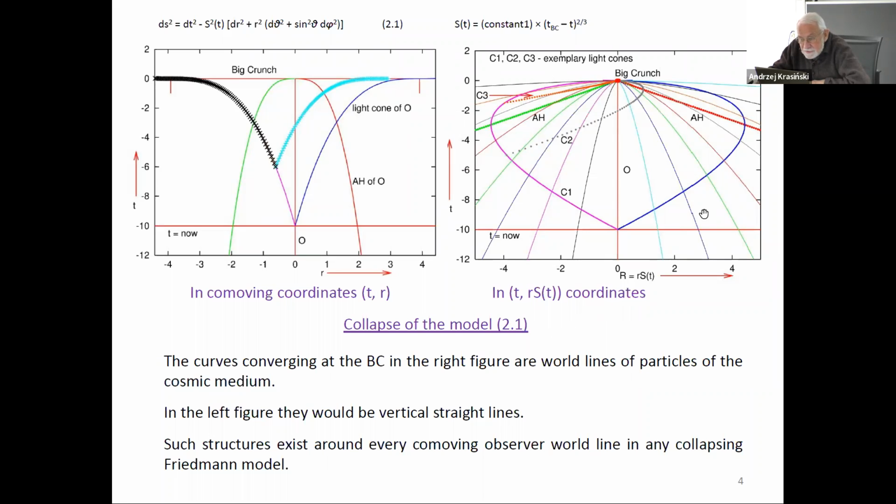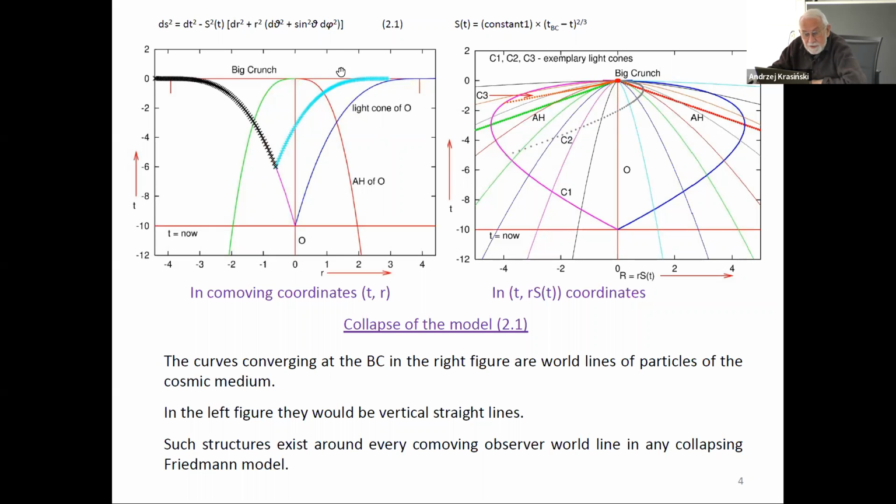These thin curves that converge at the big crunch are the world lines of particles of the cosmic medium. In the left figure, they would be vertical straight lines. And such a structure exists around every comoving observer world line in any collapsing Friedman model.